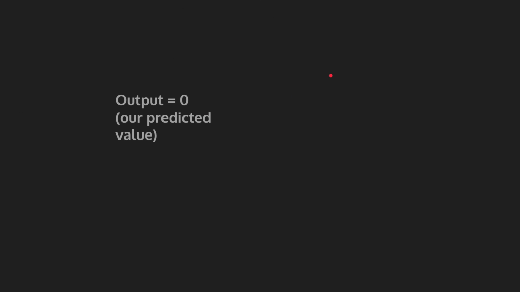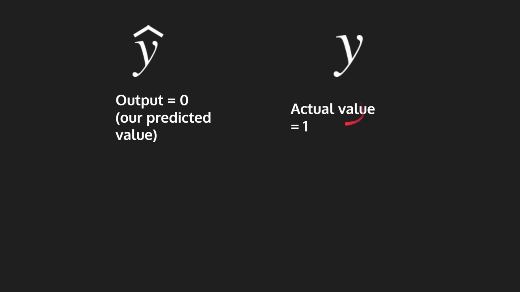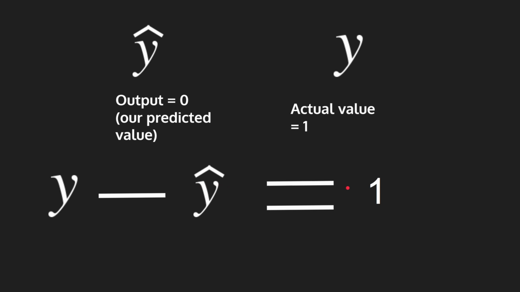Okay, now let's say that our predicted output, after we feed into our neural network, is 0. But the actual value was actually 1. Let's say that y hat is our predicted value and y is our actual value. So if we take the difference, we actually get 1. And that's bad, right? Our difference is 1.